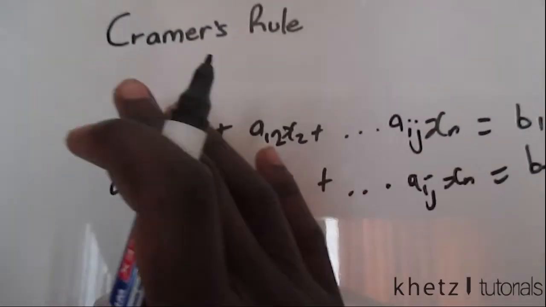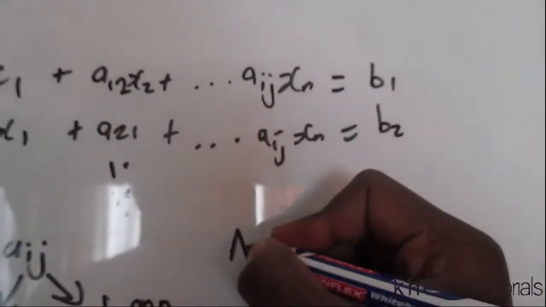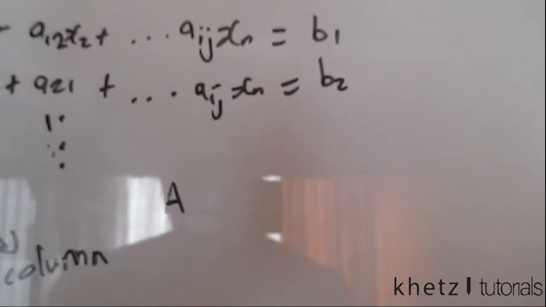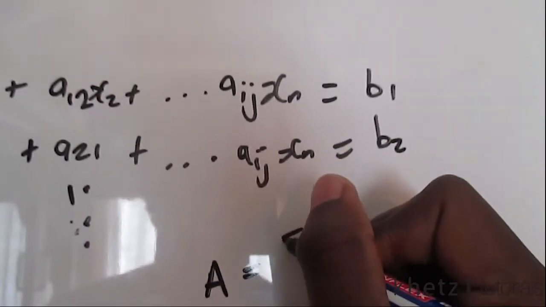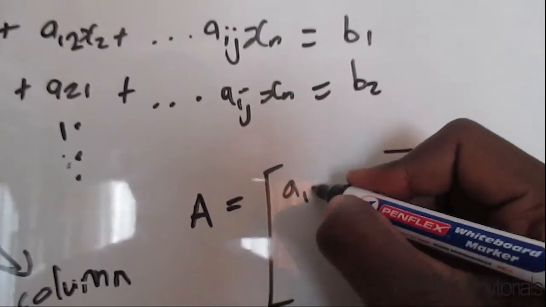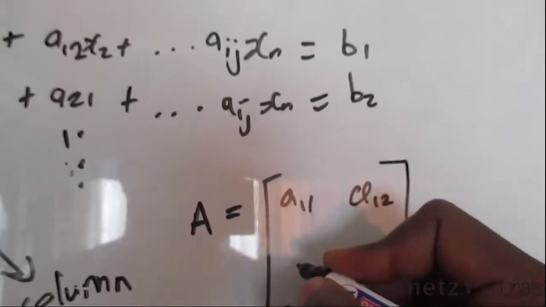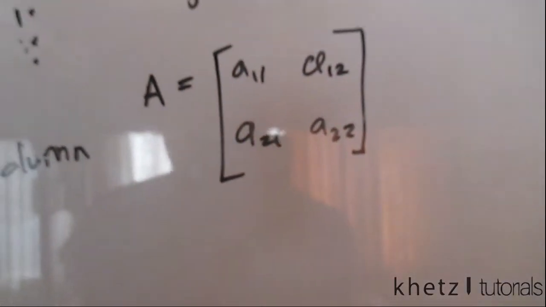Since I mentioned that the numbers here represent the position in a matrix, let me split this up. We'd split this system of equations up into an A matrix. Let's start with the 2 by 2 matrix. So an A matrix of the form a11, a12, a21, and a22, right?